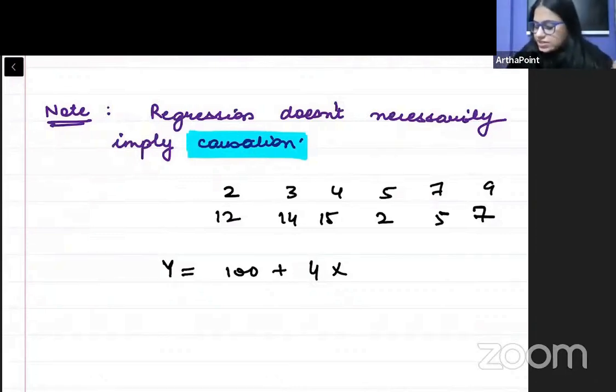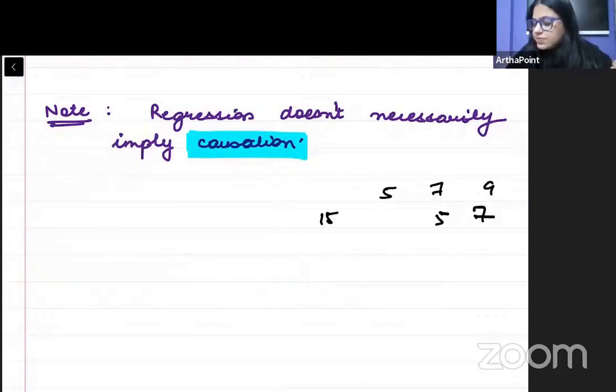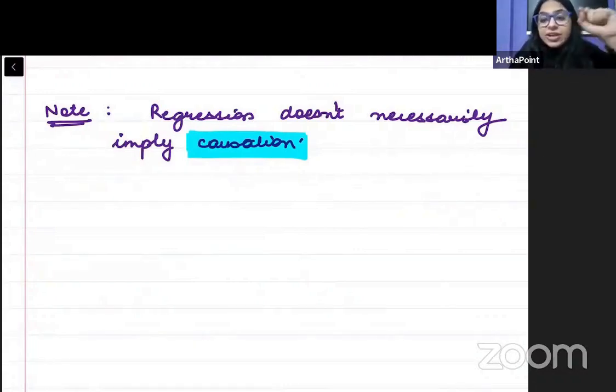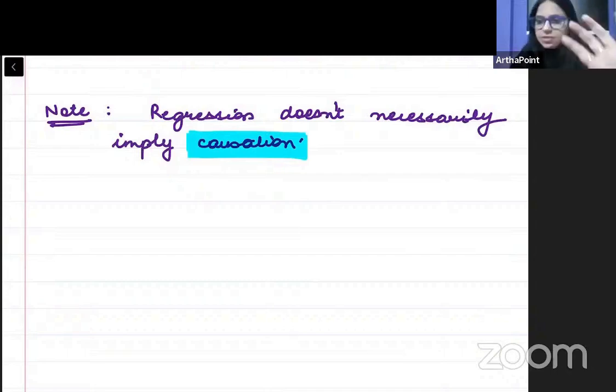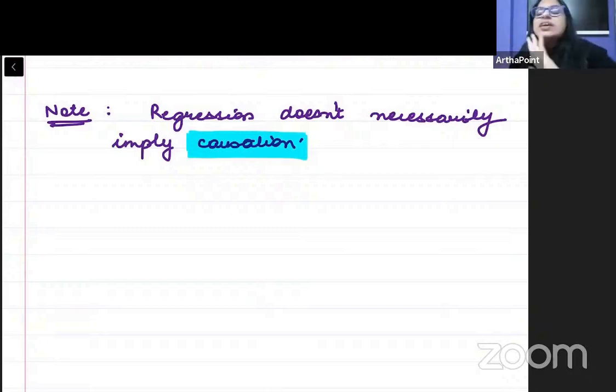So let's write this down crystal clear, beta. We will keep this in our mind forever. That regression does not necessarily mean causation. ऊपर जो हमने किया वो causation था, but regression भी बनाया. Regression is just going ahead and saying that, look, I am doing a relationship between explained and explanatory variable. मैं एक relationship बता रहा हूँ कि dependent और independent कैसे related हैं, how are dependent and independent related to each other.